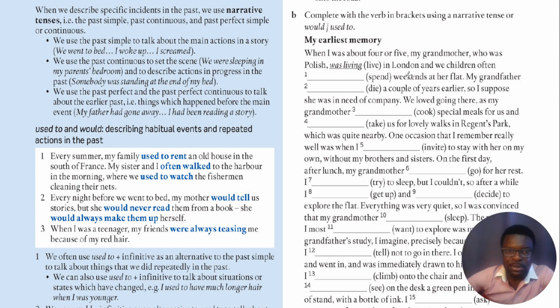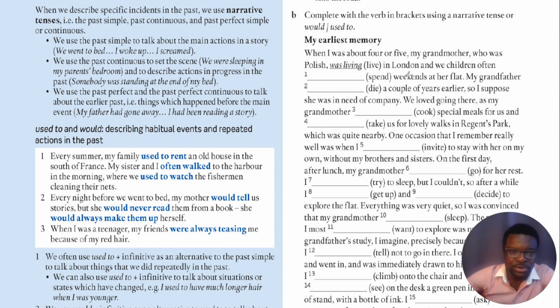The things that happened before the main event. My father had gone away, and then after my father must have left, other activities followed. I had been reading a story before something else ensued.